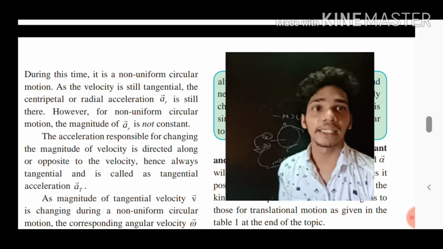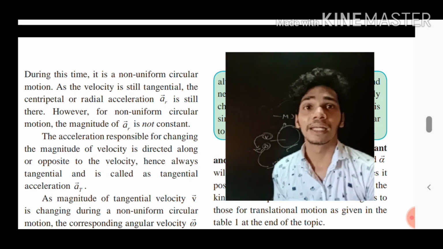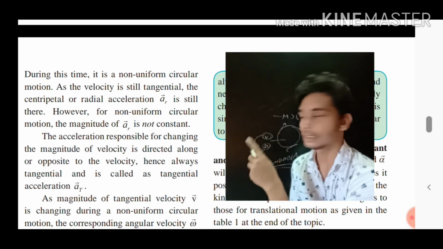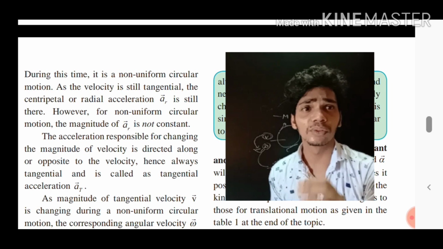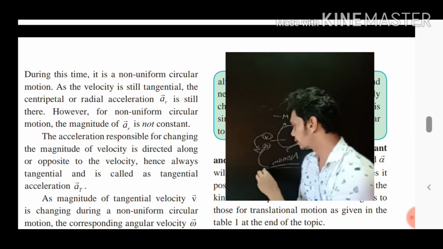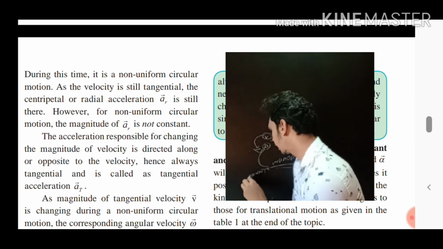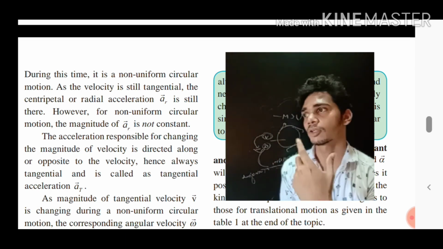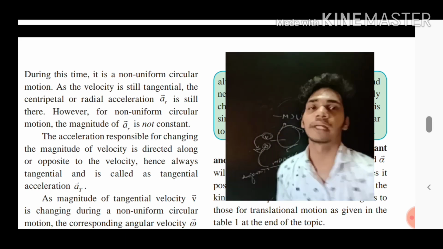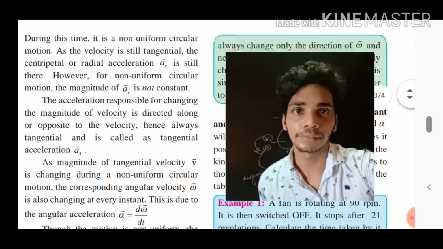So you have to understand that in non-uniform circular motion, the radial or centripetal acceleration is not constant, and it is further denoted as tangential acceleration. Why tangential? Because when the circular motion stops, it is directed towards the tangential direction.